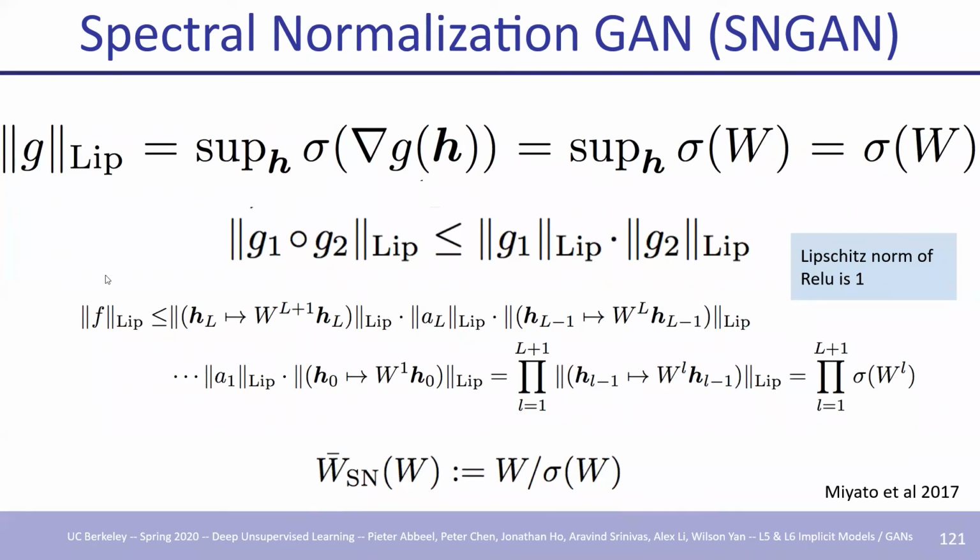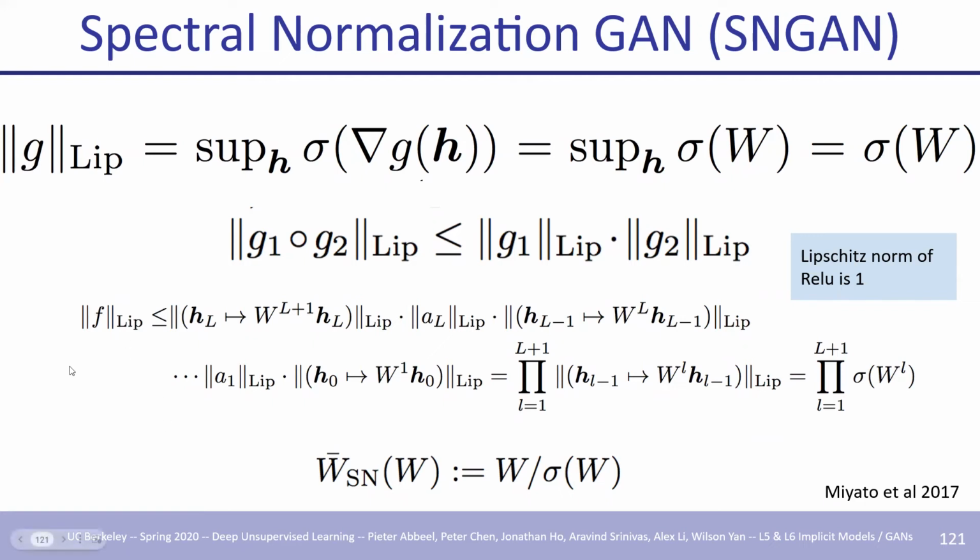And then we know that the Lipschitz norm is, again, if we bound all of these to 1, then all of this multiplied together is 1. And so this is less than or equal to 1. Like previously, we wanted it to be less than or equal to 1.